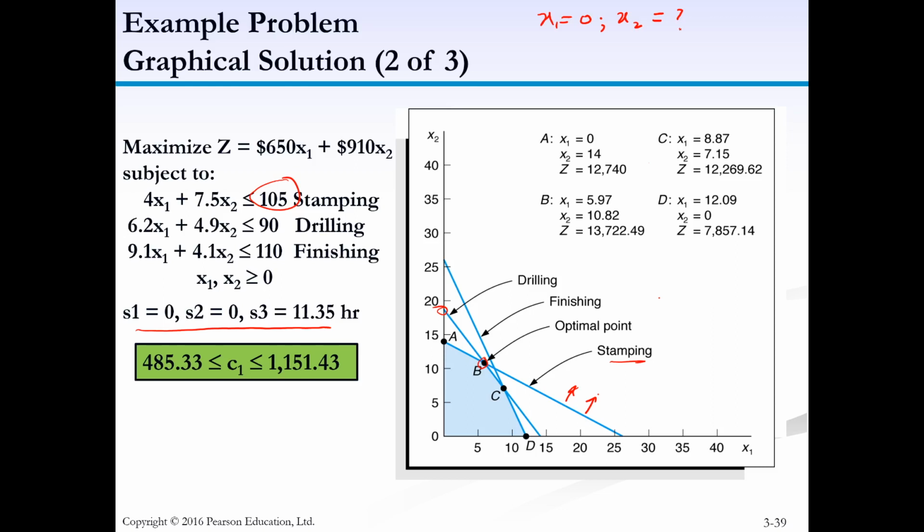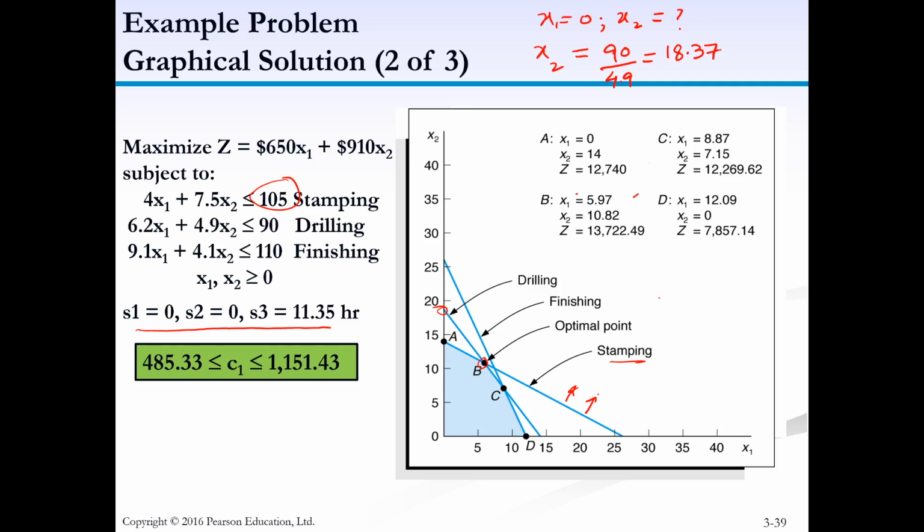We can see that this constraint is the drilling constraint. Okay, so for the drilling constraint, if we put x1 equal to 0, we can find out x2. So in the drilling constraint, x2 is equal to 90 over 4.9, which will give us the point here. 90 divided by 4.9, 18.37, let's say 18.37 roughly speaking.